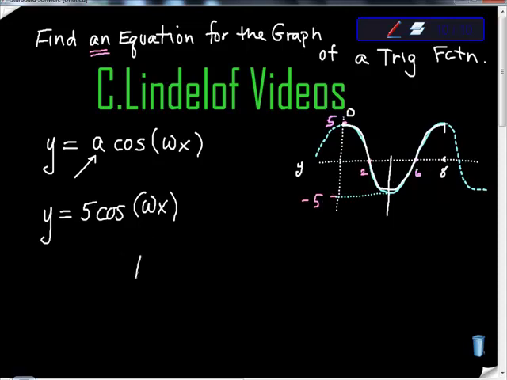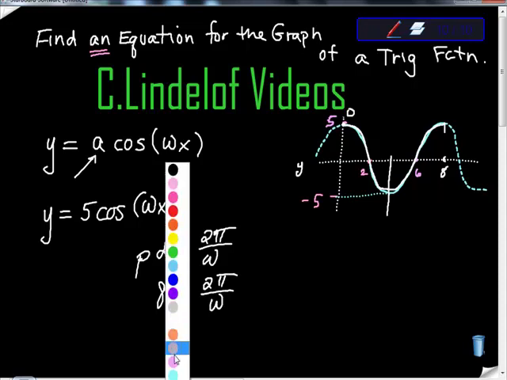Normally we'd say the period is equal to 2 pi over omega, and usually we'd have an equation, so we'd plug in omega and find the period. In this case, though, we have the period and we're missing omega. I know that the period is 8. The distance between 0 and 8 is 8. So 8 is equal to 2 pi over omega.